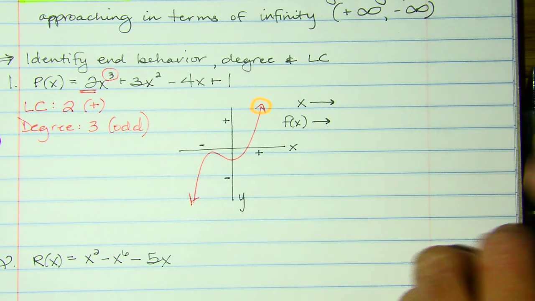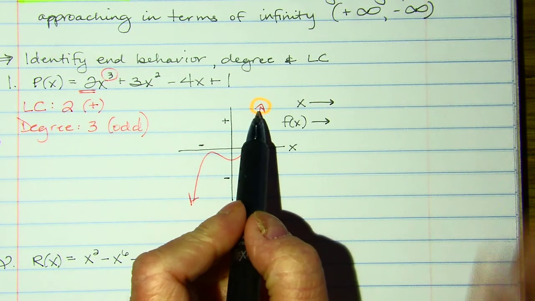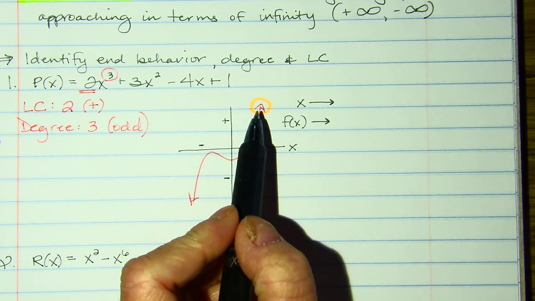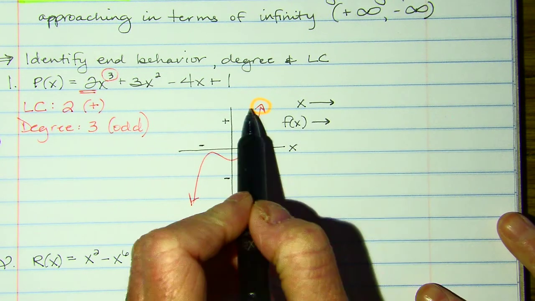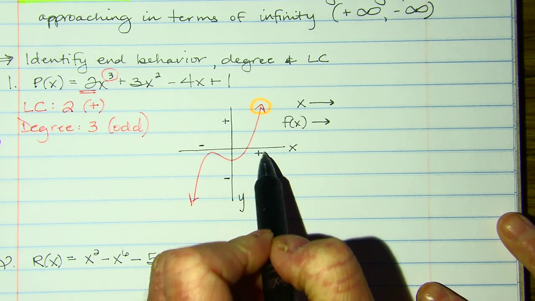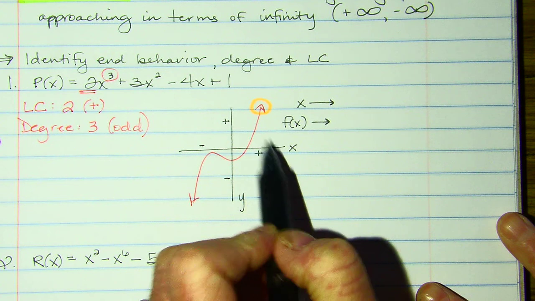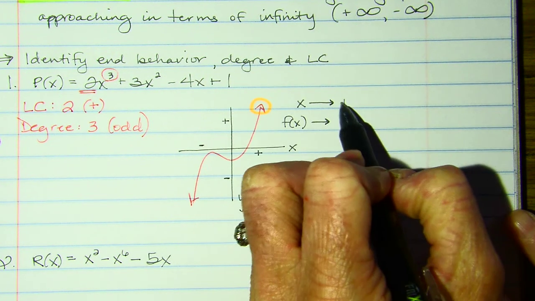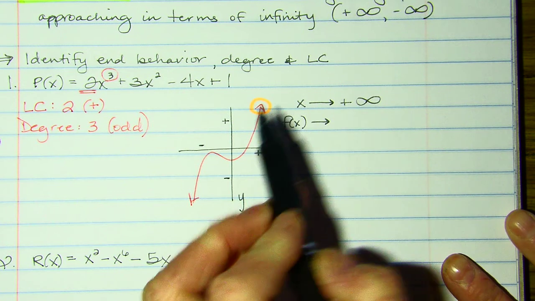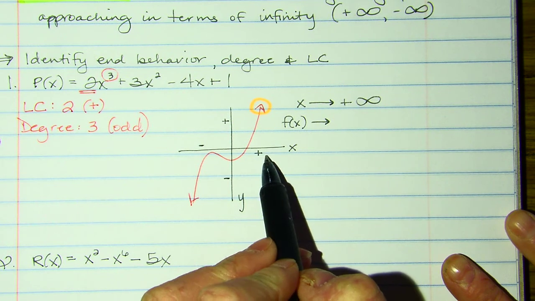So let's talk about this end here. Now this arrow is going to continue to point up and to the right. So when I'm talking about x, I'm going to look below my arrow. Okay, x is positive over here. And if it continues on and on and on to the right, it is forever approaching positive infinity. So it's based on where it's located.